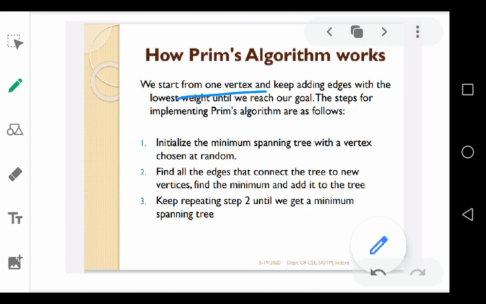We continue this algorithm by selecting an adjacent edge with the minimum weight. The edge should be adjacent and should be minimum. Here in Prim's algorithm, one care should be taken into consideration, which is that no circuit should be formed while choosing the adjacent edge.